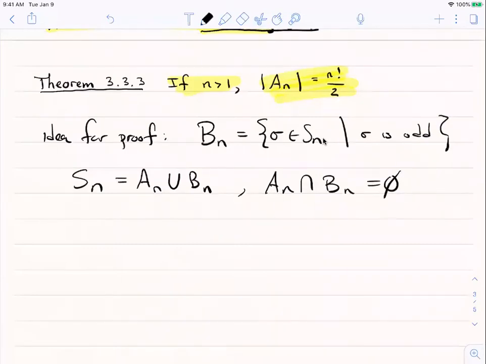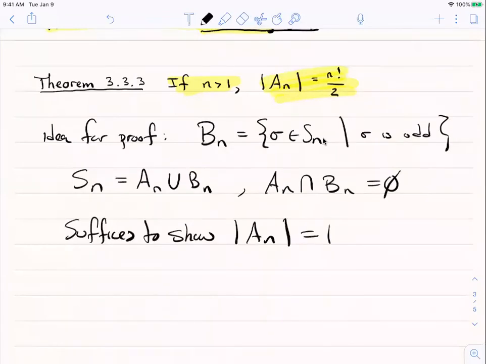Their intersection is empty. Okay, so if I want to show you that A sub n has size n factorial over 2, one way to do that is to show that A sub n and B sub n have the same number of elements.